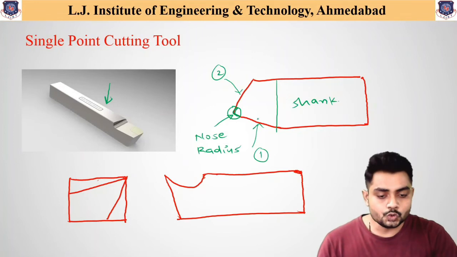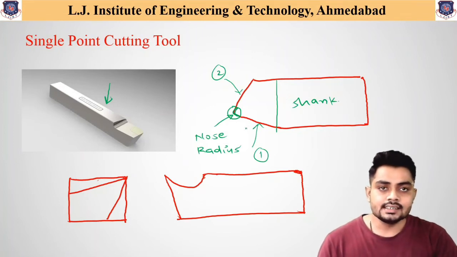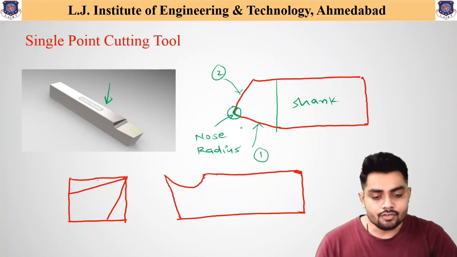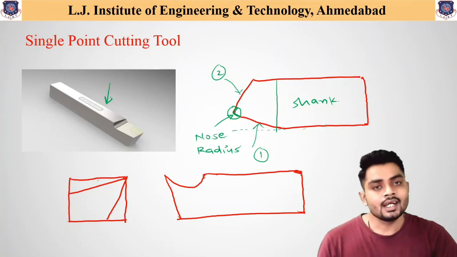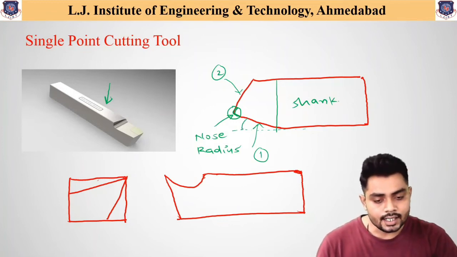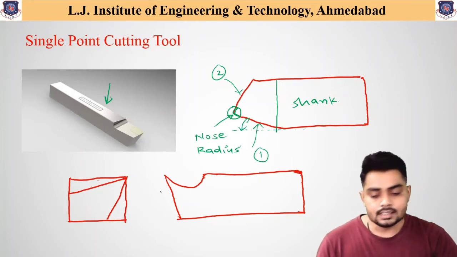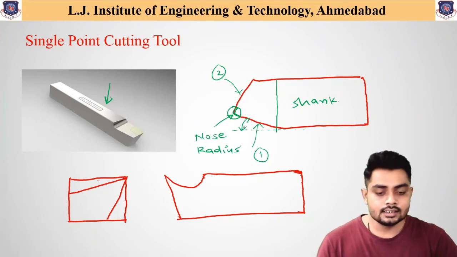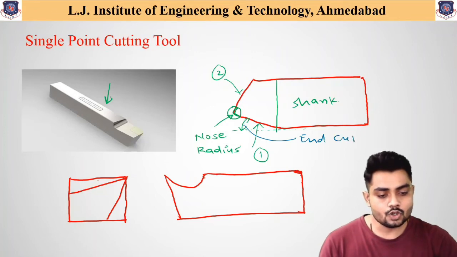So these two are the major cutting edges which help for the cutting purpose. First, if we draw the horizontal line over here, this horizontal makes a certain angle with the first cutting edge, and this particular angle is called the end cutting edge angle.